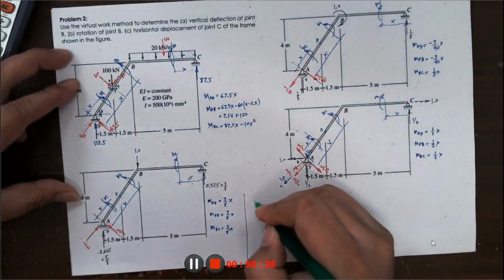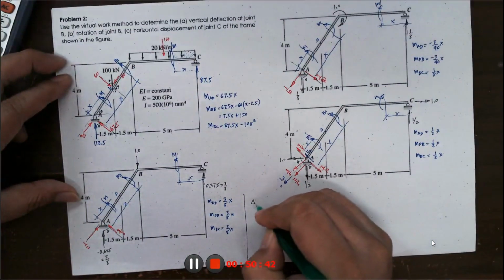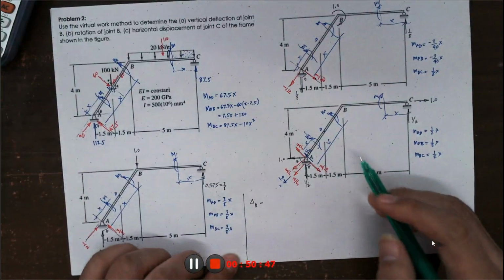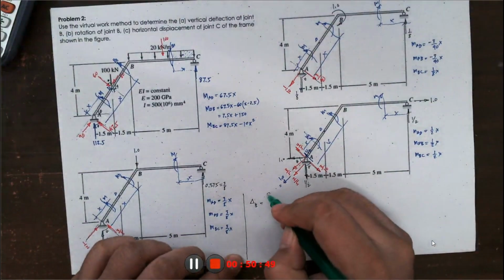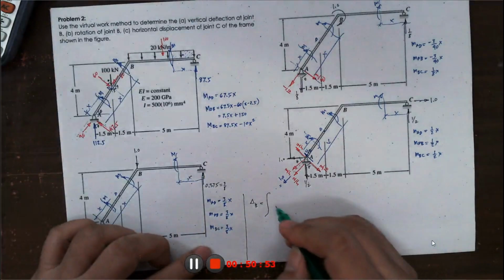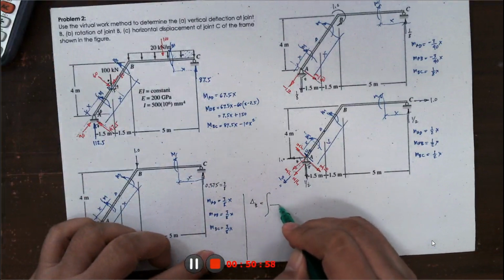Letter A, delta B. So for delta B, okay, sige. Integral na dili m times m, no? Constant na ng EI, after na ng EI.